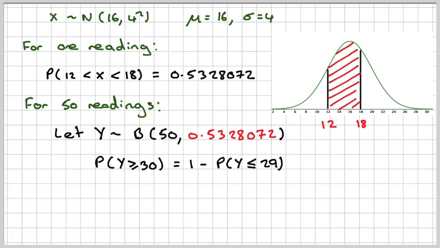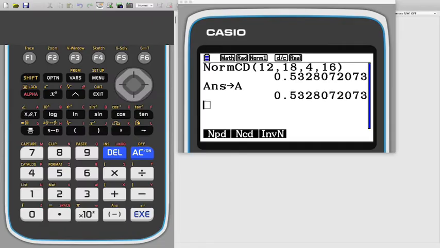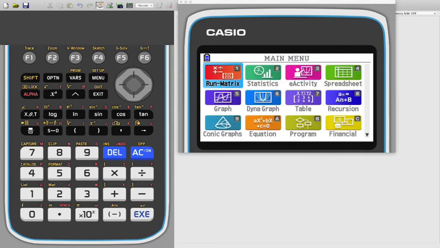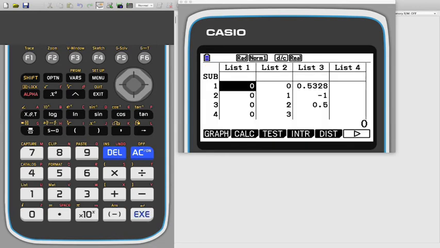So if we go to our calculator again, and we go back to menu, and this time we go to the statistics menu and enter. Again we'll press distribution.